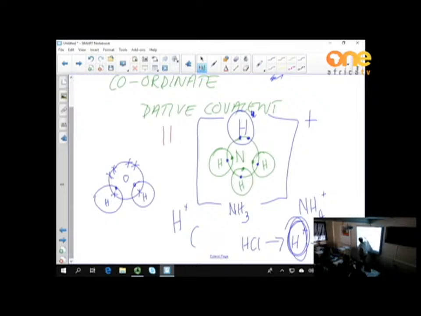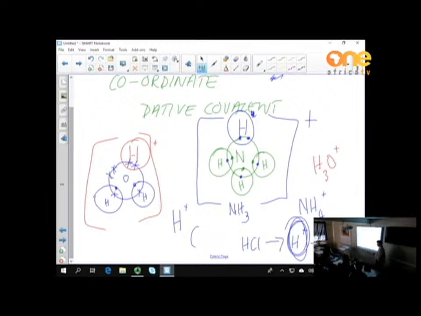I have a hydrogen ion floating about, and it climbs on there, and there is the H3O hydronium or oxonium molecule. That is a coordinate or dative covalent bond. Both the shared electrons come from one atom only.